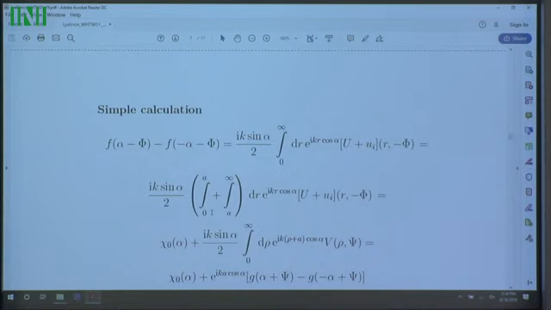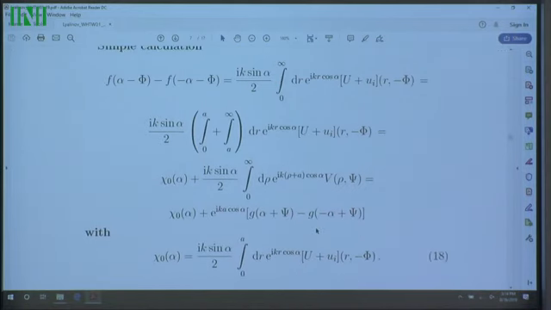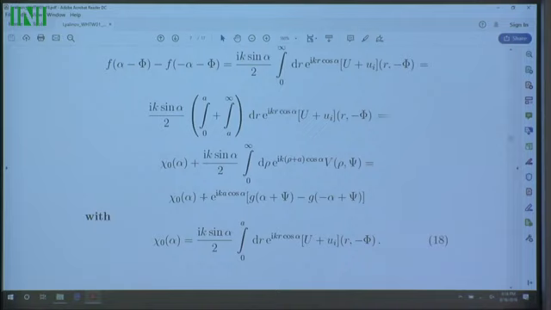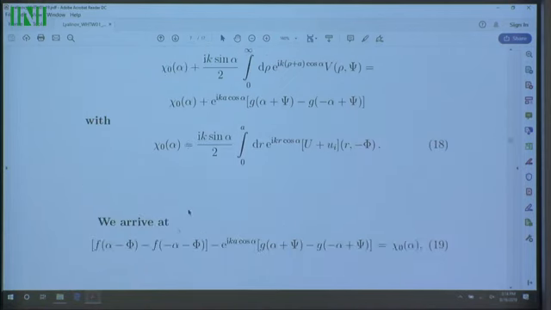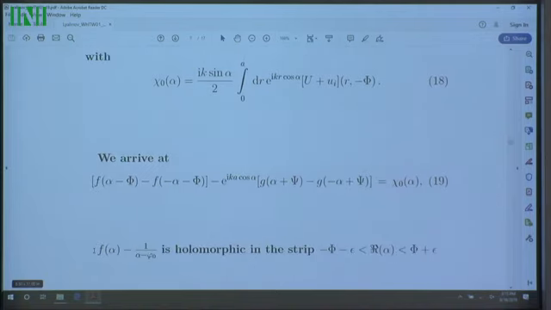Then you denote the integral over the finite part along the corresponding boundary as chi 0, and here you make some substitution and you use continuity of the wave field, and finally you arrive at this kind of functional equation with some unknown chi 0. So this functional equation has such a form. It looks like an inhomogeneous functional equation, but chi 0 can be expressed through this function f due to some simple derivations.